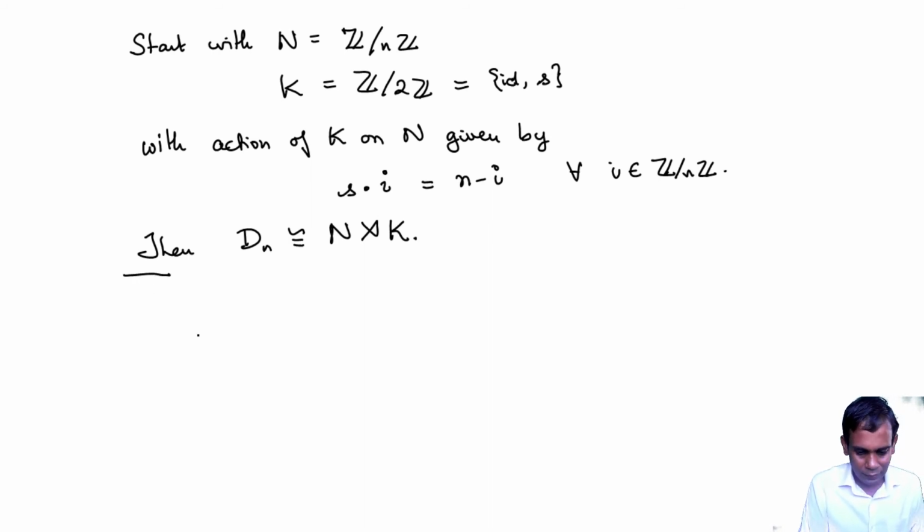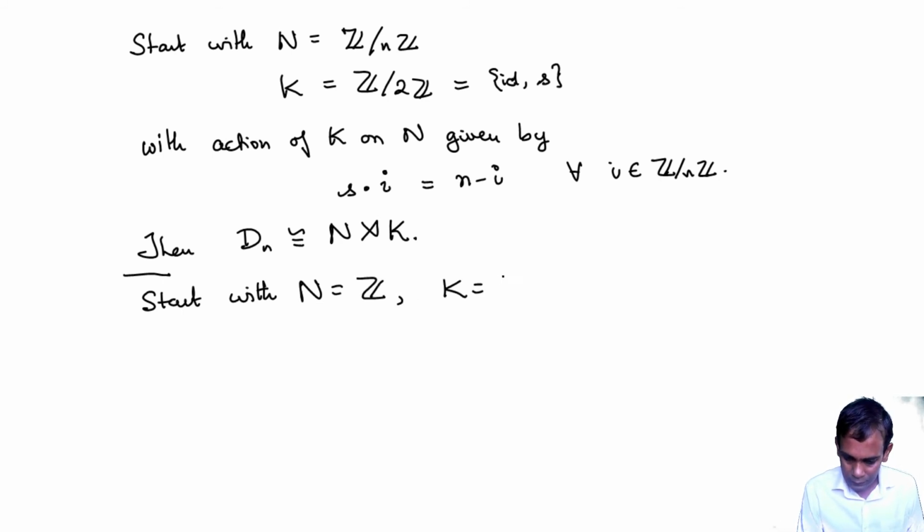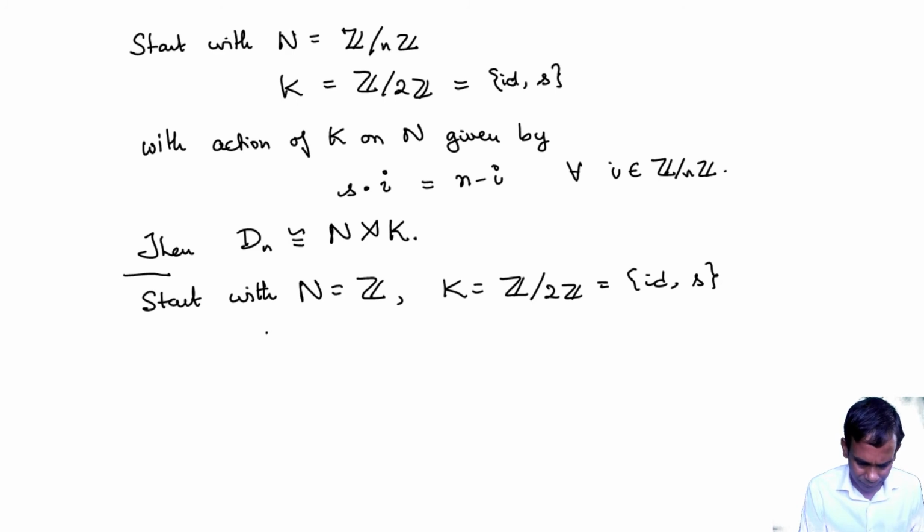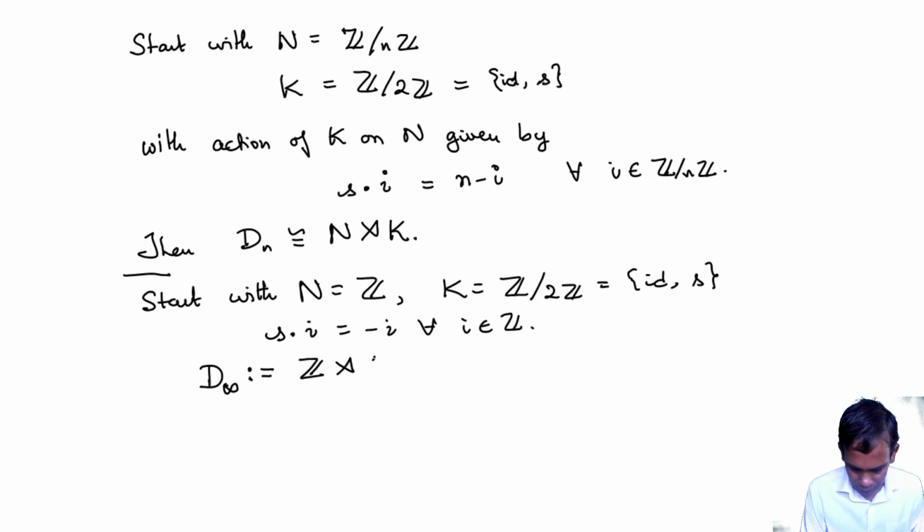If instead of Z mod nZ, we start with N equals Z, the group of integers, K equals as before Z mod 2Z, which I'll think of as identity comma s, and I write s dot i to be minus i for all i in Z. Then you can construct another group which we'll call the infinite dihedral group.